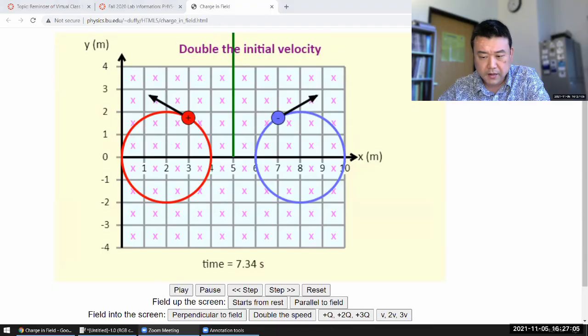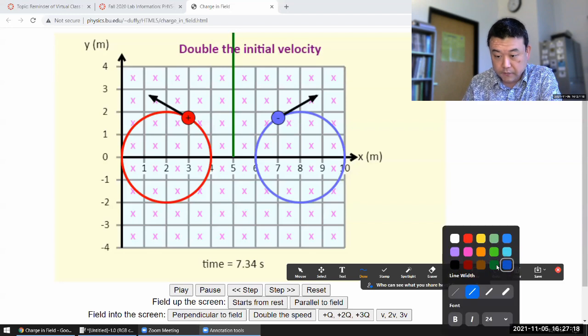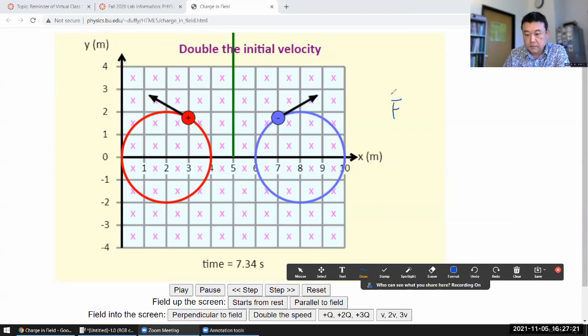So let me try to write this out. When you have larger velocity, you would expect a larger force, because you have the expression for the magnetic force being charge times v cross B. So if you're just focusing on, hey, I have a larger velocity, so I should have larger magnetic force, then it's easy to think that your particle should draw maybe a smaller trajectory because the magnetic force is greater. Now, you can't stop your analysis here because you are dealing with circular motion.